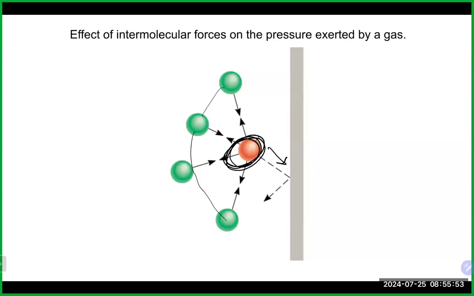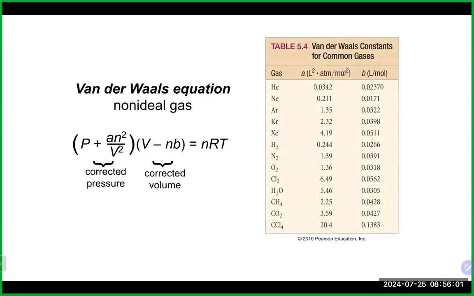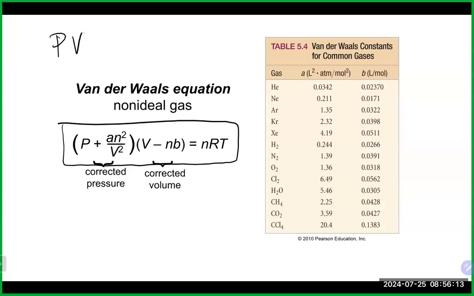So it'll bounce away a lot faster as well. Under ideal conditions, we don't take that into account, but here in real gas conditions, we do. And that gives us our van der Waals equation for real gases or non-ideal gases. It is a scary looking ideal gas law, pretty much. So a reminder, our ideal gas law is PV equals nRT.